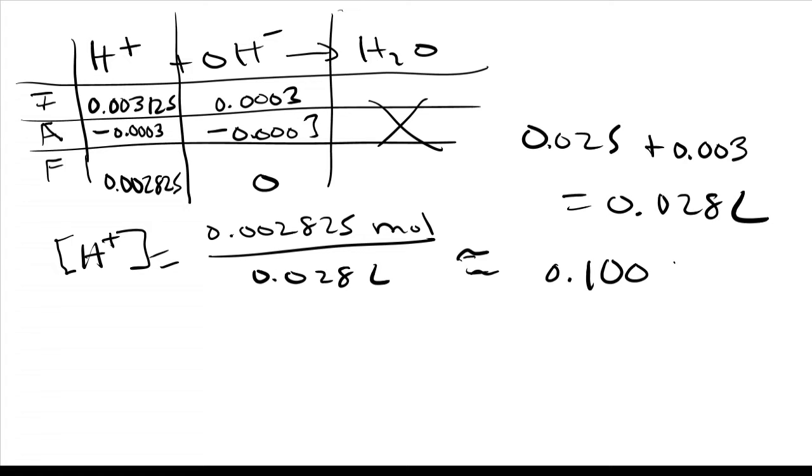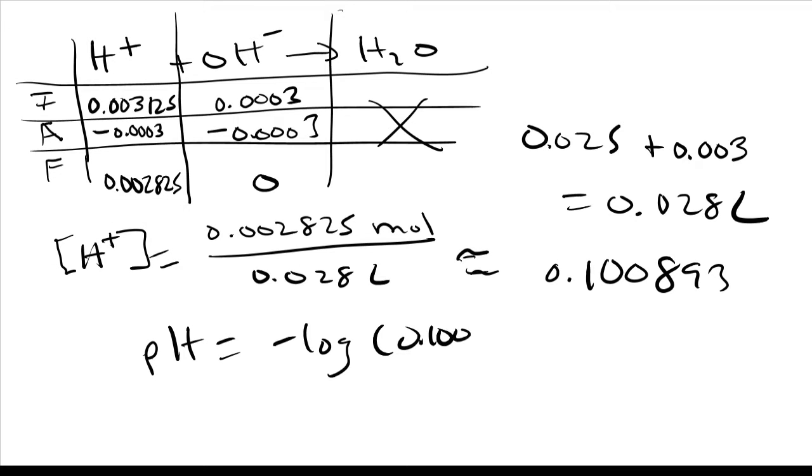I'm going to write out the decimals here, and then we're going to just do the pH, the negative log of that number. Approximately. So we're going to do the log of that.